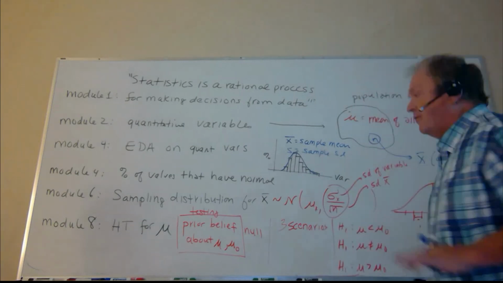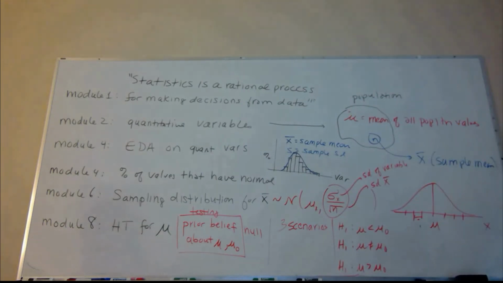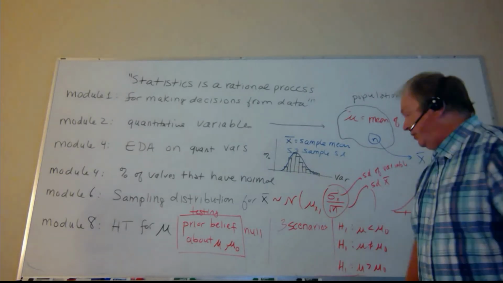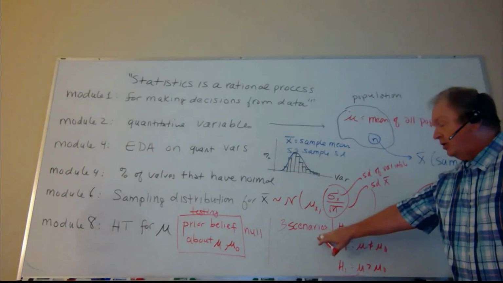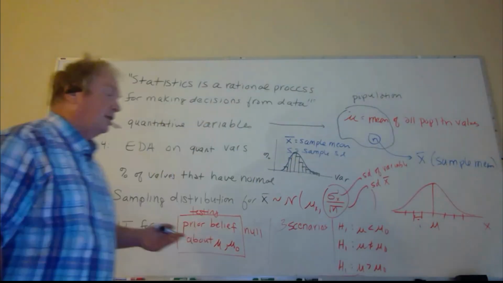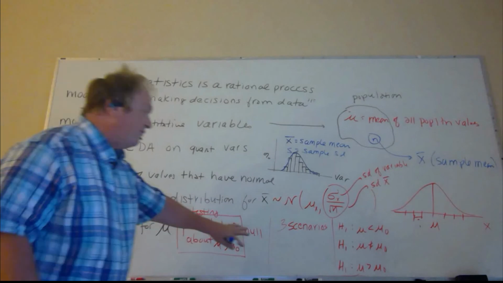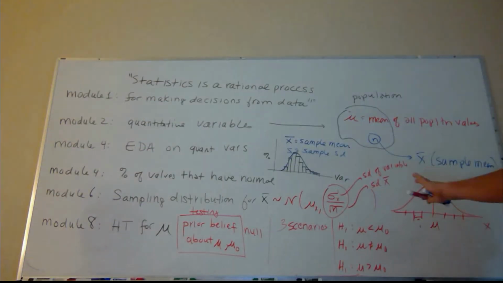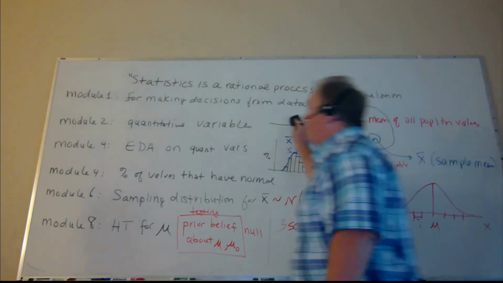I want to talk very briefly about the sort of problems we're going to look at. We've already talked about the three scenarios we could come across when we're testing a population proportion. Now I'm going to talk very briefly about the type of scenarios that we see when we're looking at a hypothesis test for a population mean.